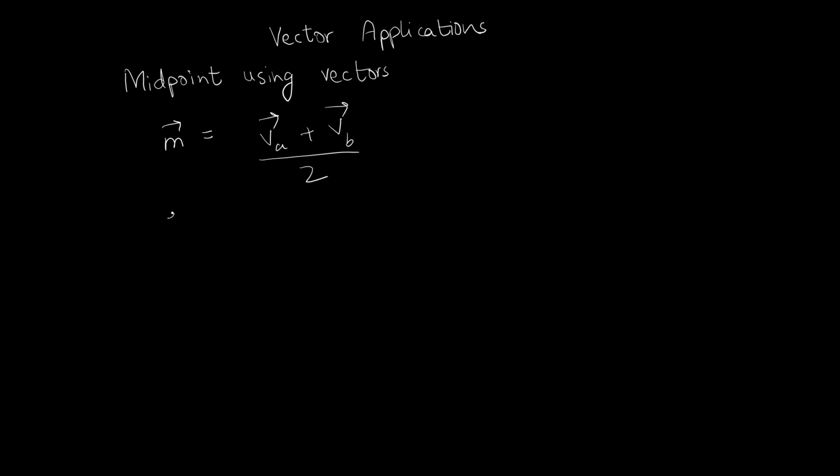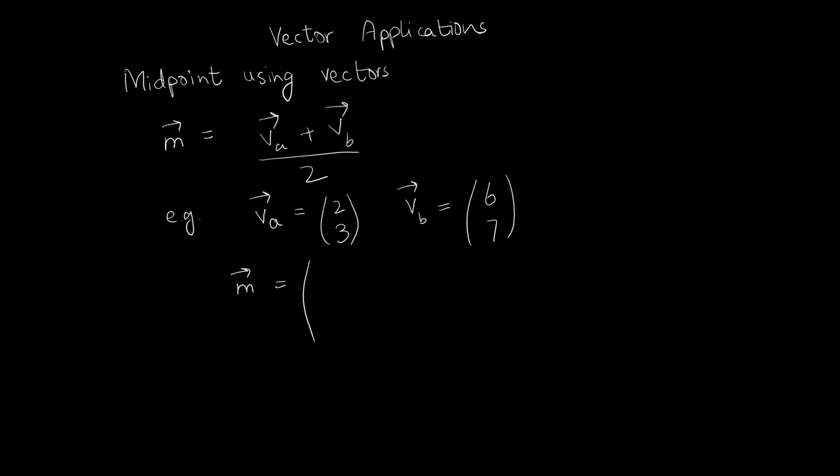For example, and hence the midpoint vector. Vector addition first, and then the scalar multiplication with 1 over 2.